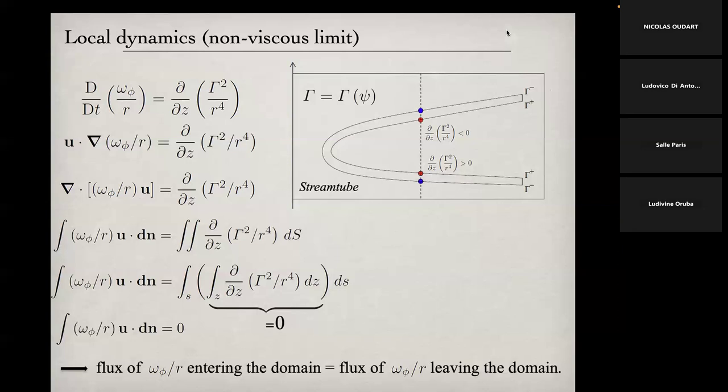So that means that the flux of vorticity which enters the stream tube equals the flux of vorticity which leaves the stream tube. So there is no production of azimuthal vorticity by the vortex tilting term. So in the end, the only source of azimuthal vorticity is the viscous term.